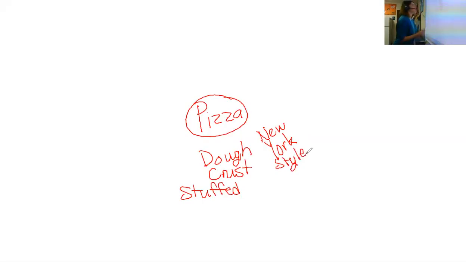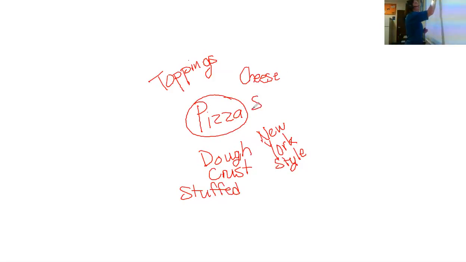Pizza has lots of different toppings. I know that pizza always has cheese on it. So pizza has cheese, it has toppings. Oh, you can get different kinds of sauce. I happen to like several different kinds of sauce on mine, so that's always fun.